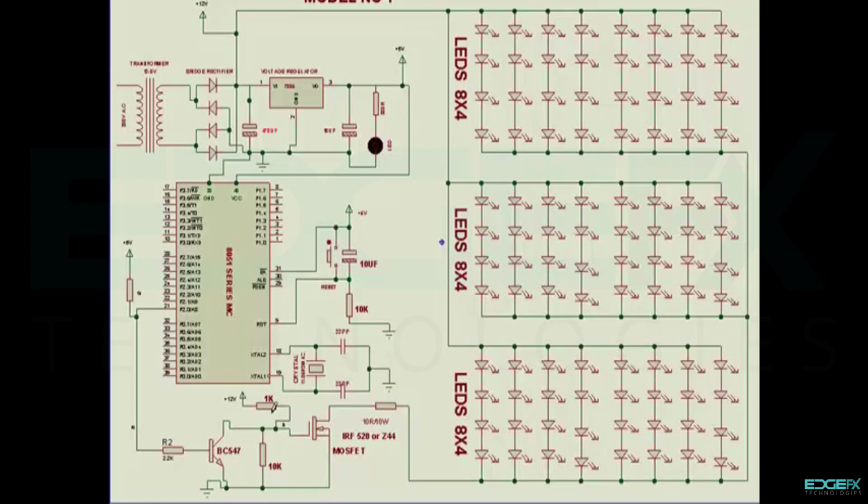We get roughly 10 to 11 volt available at the gate to source, and this behaves as a switch. So when this is delivering low logic the LED is on, and when this is delivering high logic the LED is off.